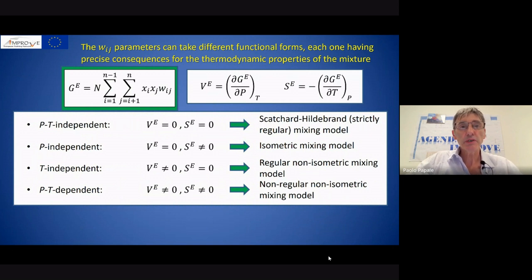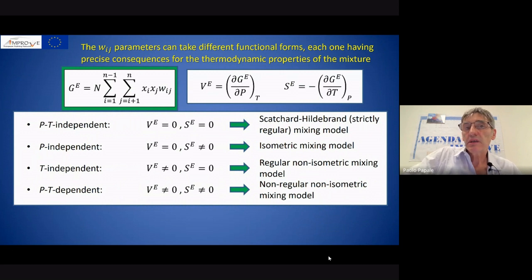A strictly regular mixture is therefore a mixture where the binary interaction coefficients are independent from both temperature and pressure. If the binary interaction parameters involve a temperature dependence but no pressure dependence, then the excess volume would be equal to 0, meaning that the components mix without varying their volumetric properties. That is called, accordingly, an isometric mixing model.